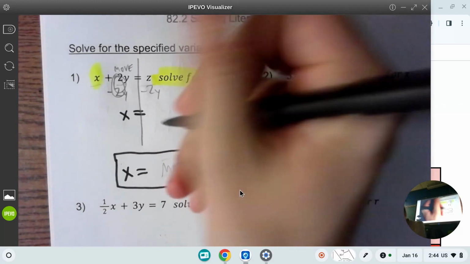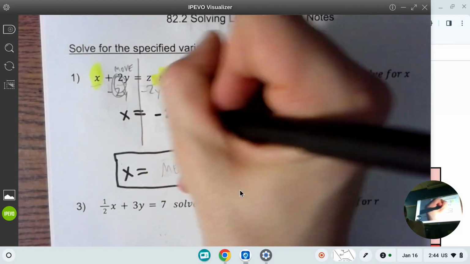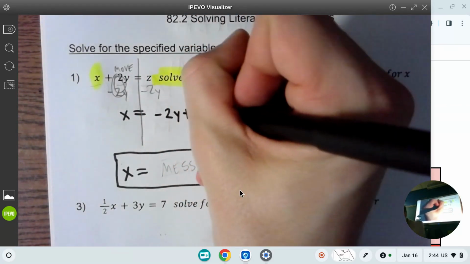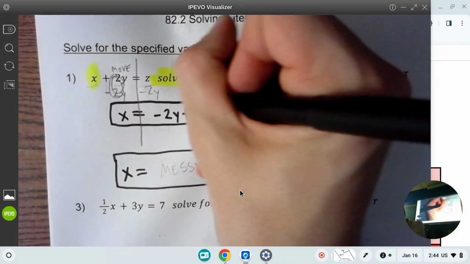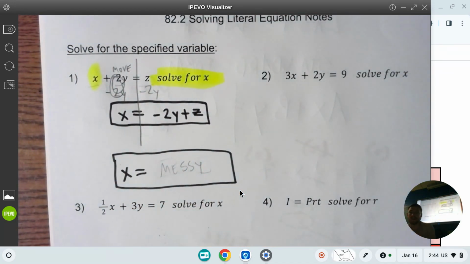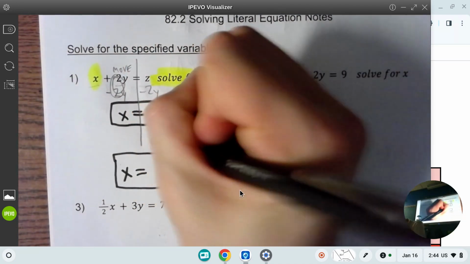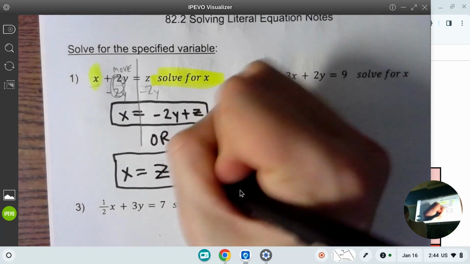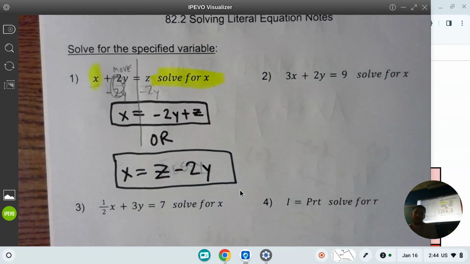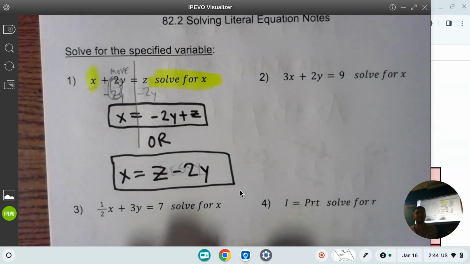So if you put the y first, that's negative 2y plus z. That's a totally legit answer. That works totally fine. Or the answer might have the z first: z minus 2y. It could be either one. It's the same exact thing. It's just a little bit messy.